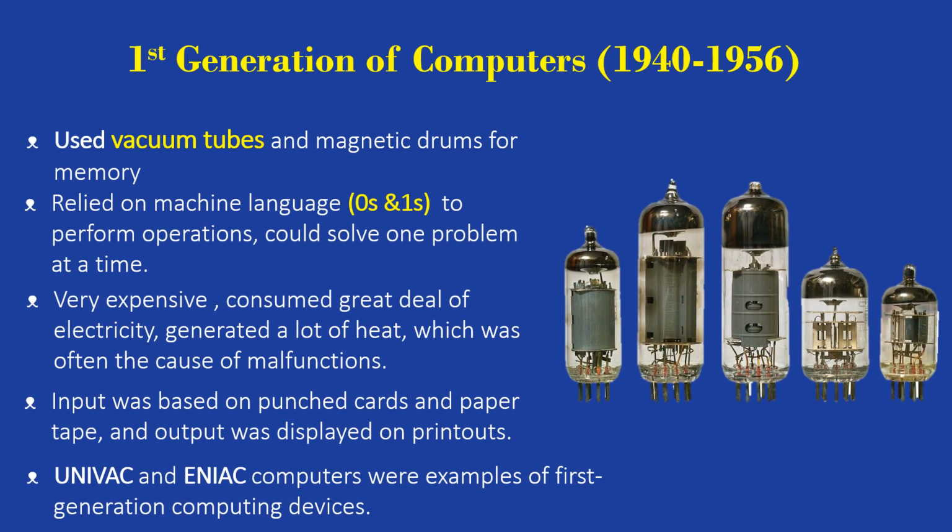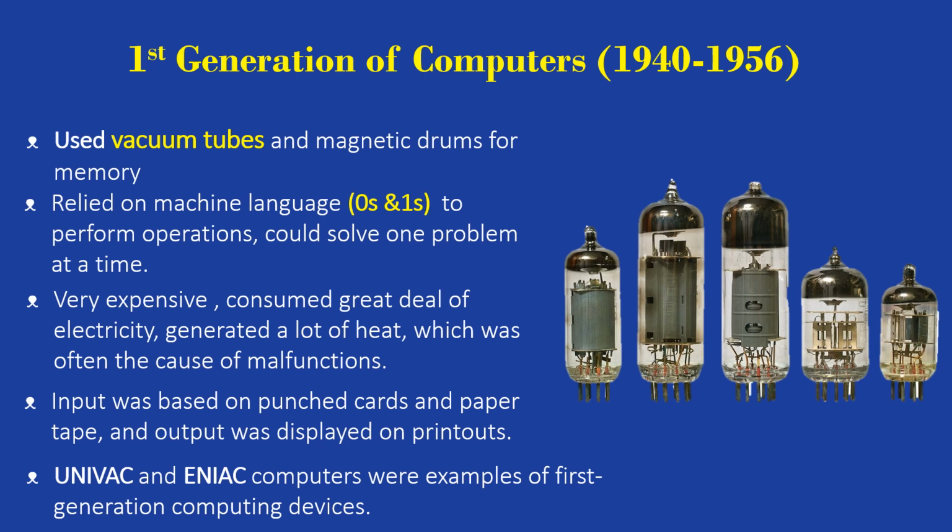First generation computers. The first generation computers used vacuum tube technology and magnetic drums for memory. And also, these computers relied on machine language, which is the most basic programming language that can be understood by computers only. These computers were limited to solving one problem at a time.